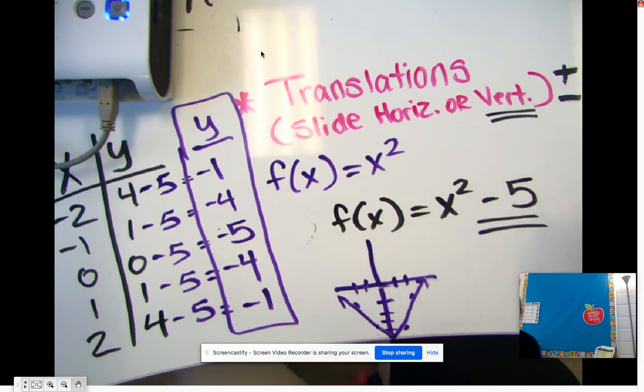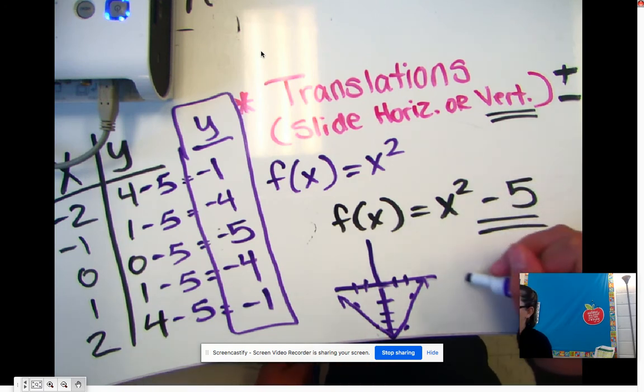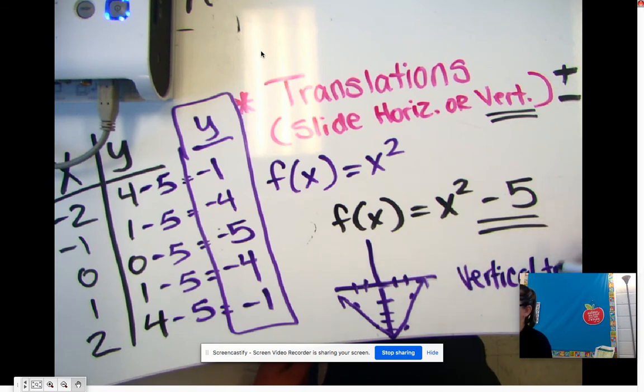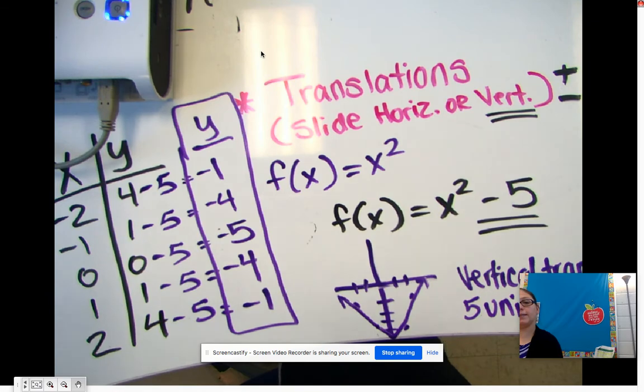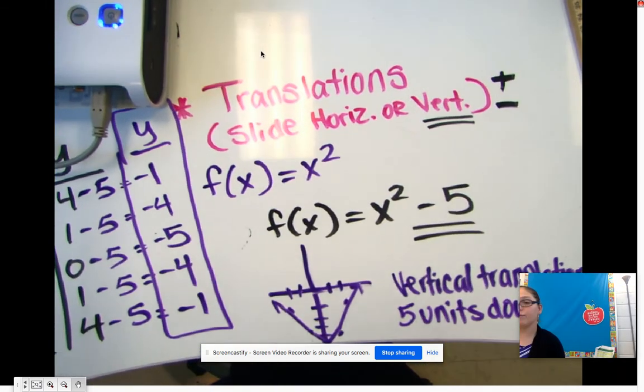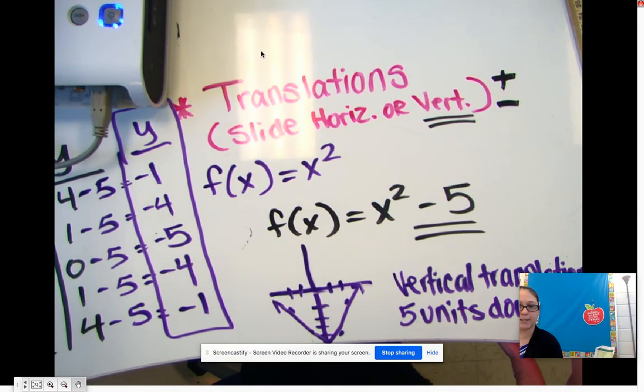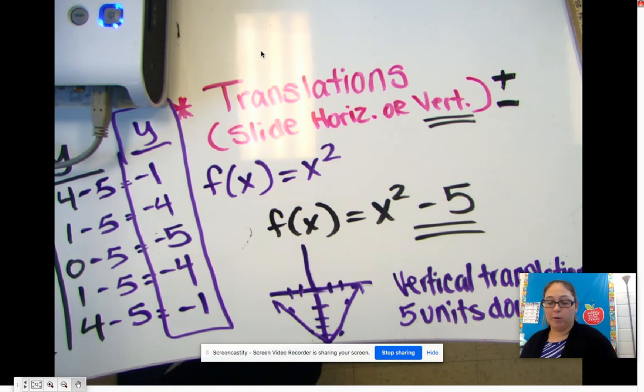And then verbally, if we needed to write this, we would say that it had a vertical translation of 5 units down. Okay? Because the translation means it's a slide, and then 5 units down vertically means my y values. Okay? So let's look at another one when it's horizontal.